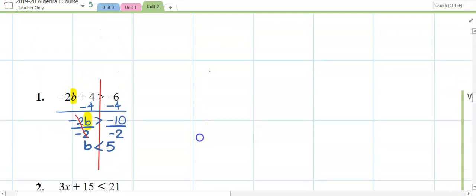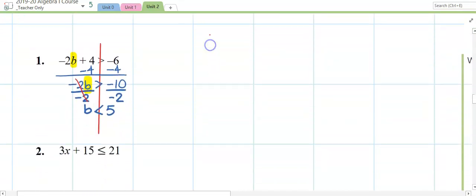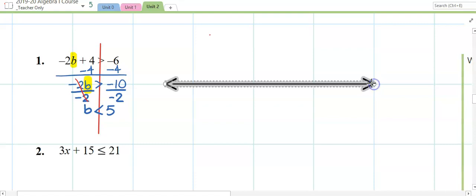Finally, we need to graph this. So I'm going to stretch out a number line. I'm going to put 0 in the center. You don't need to label every single mark on your number line, just a few.